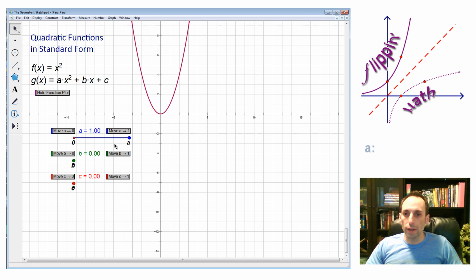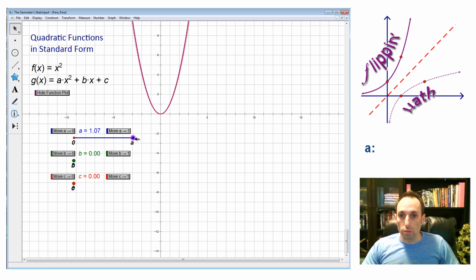Okay, so let's just examine these things one at a time. Let's look at the a value. Right now my a is at 1, so it's the same exact thing as the parent function. So what do you think is going to happen if I make this a value bigger than 1? Let's take a look. I stretch it and it's getting skinnier.